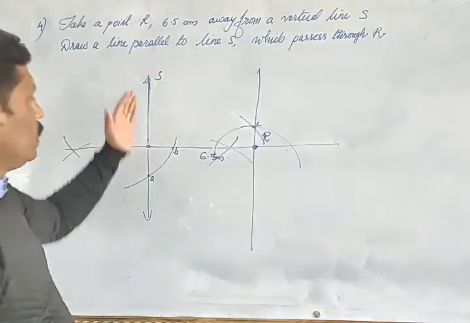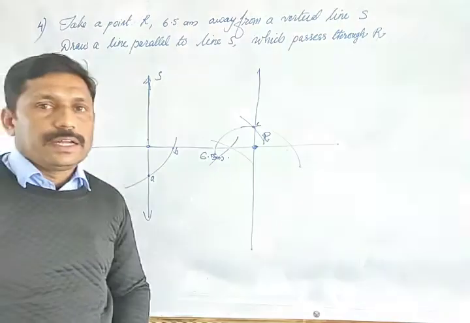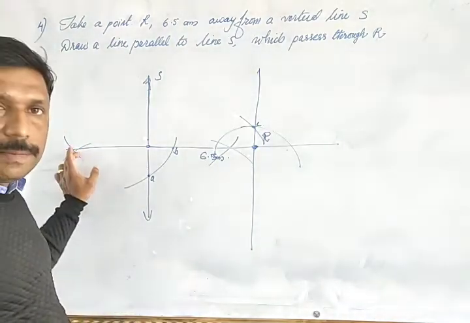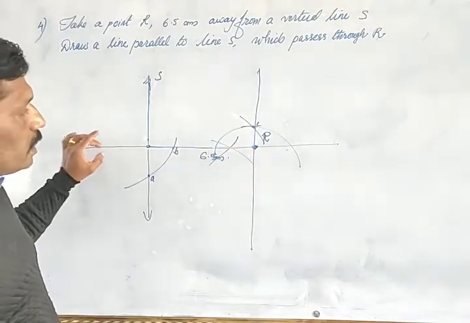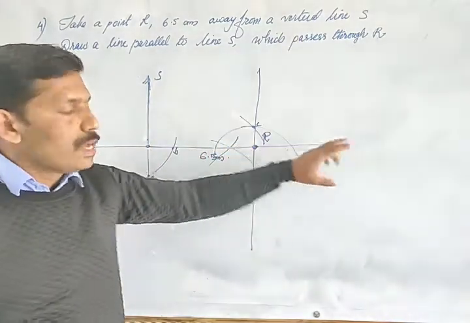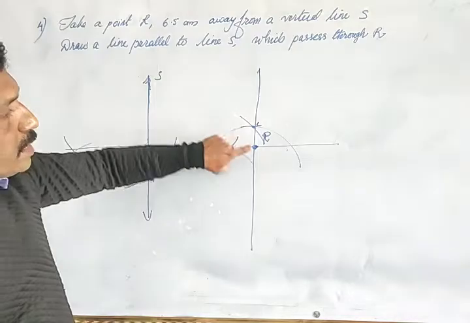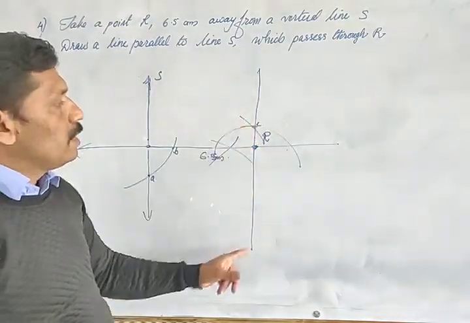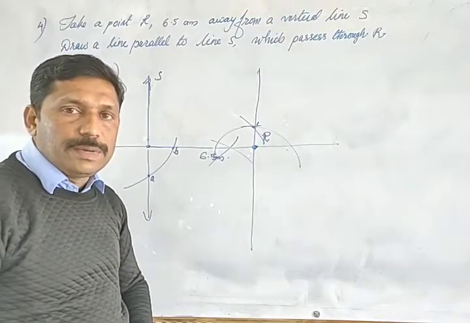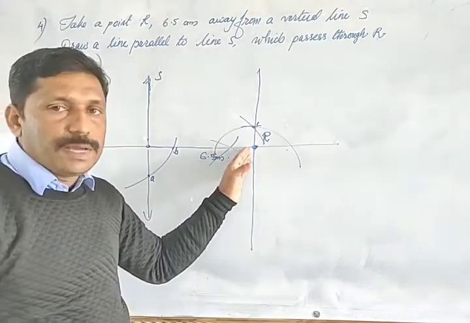So first of all, here we make a vertical line, and then after we make a perpendicular bisector for this 90 degrees, and this line we make long, and on this line 6.5 centimeters away we make a point R, and then through this R we make a parallel. How to make a parallel?